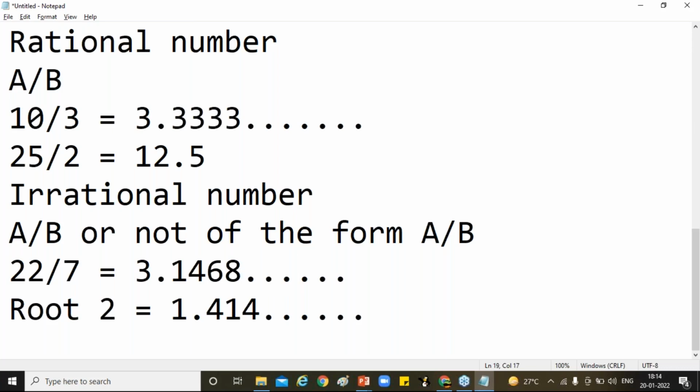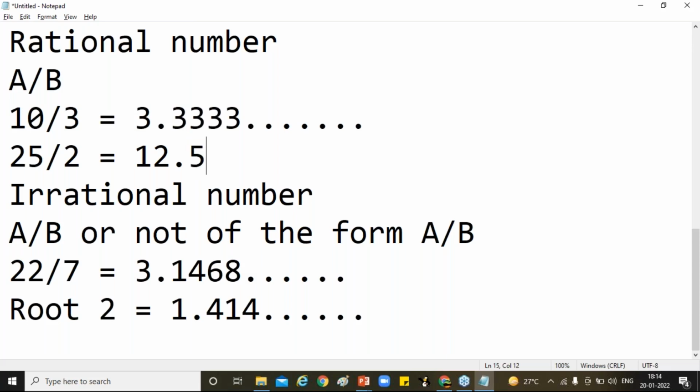Here also 1.414, after that, which digit comes? Is it 1.414141 like that? No, it is not correct. So what exactly is the difference? Remember, whenever a number is of the form a by b, it can be expressed in a decimal form which is either ending or repeating.